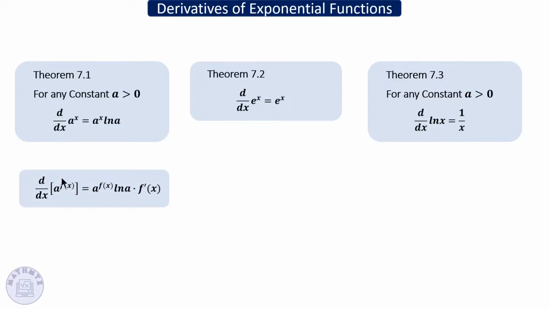So in general, if you have a number raised to a function involving x, then it will be the same exponential term times ln of the base times the derivative of the exponent, which is f prime. And here also, in general, if this is not just x, an exponent involving x, then the derivative will be the same term times the derivative of the exponent.